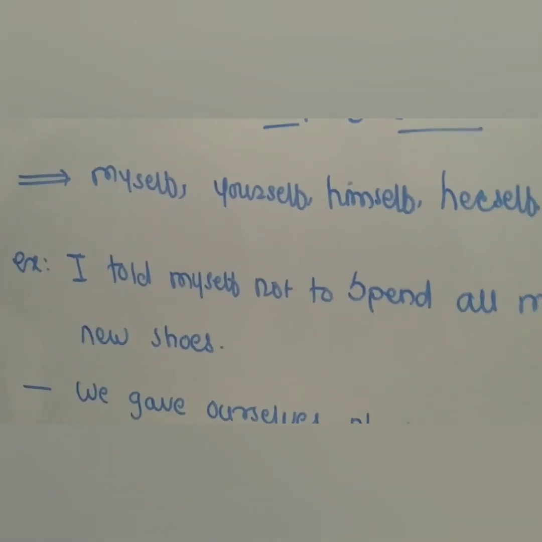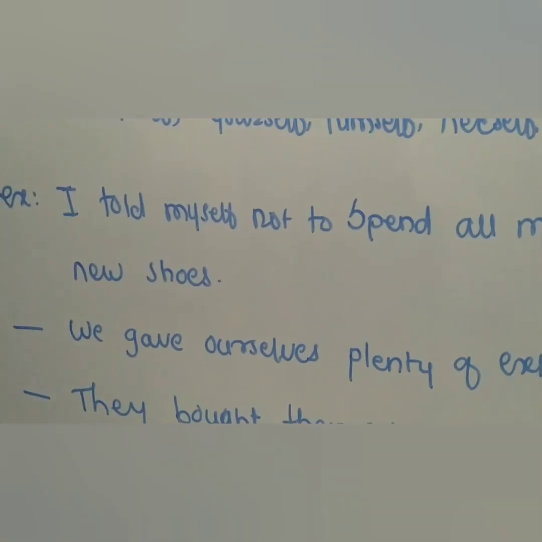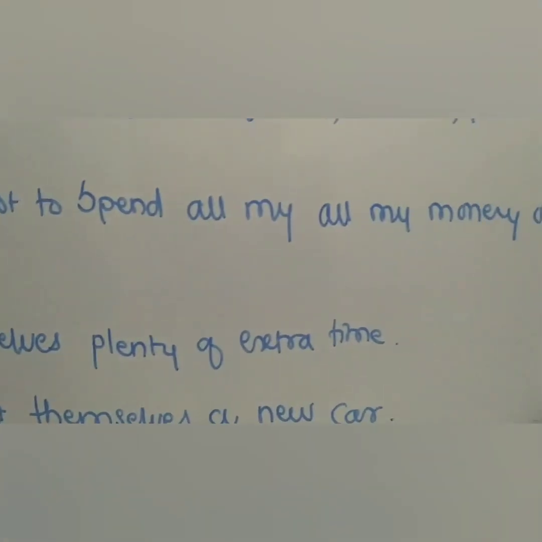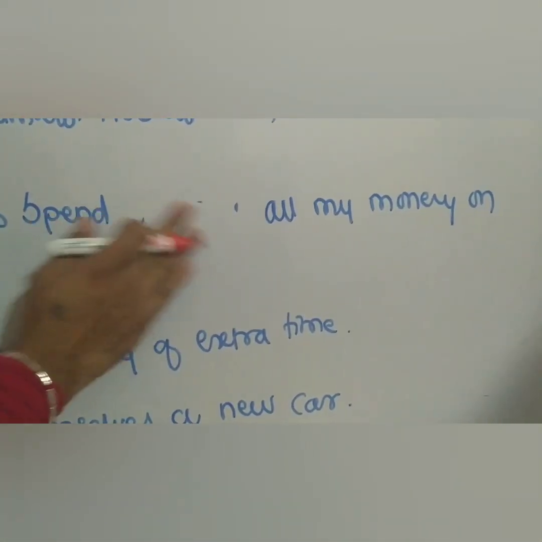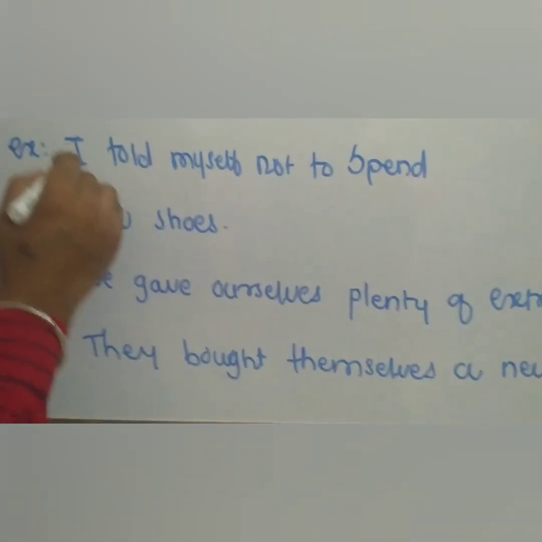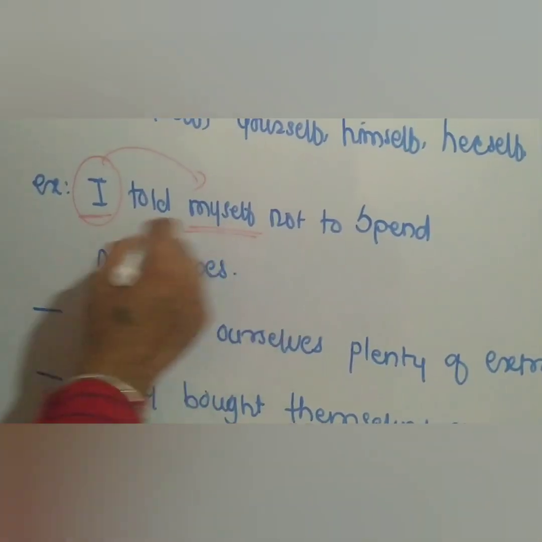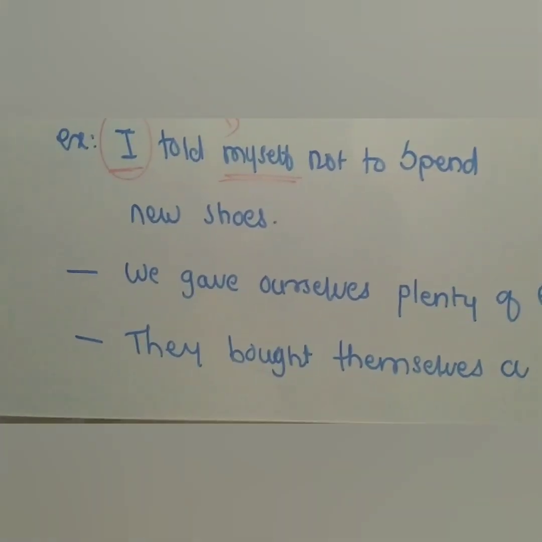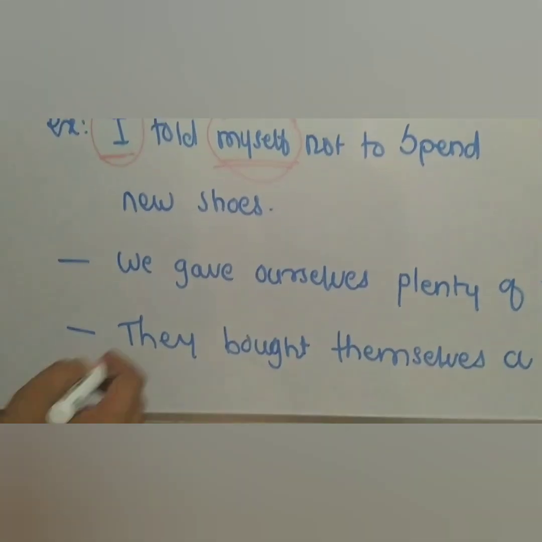Now the example of a reflexive pronoun is: I told myself not to spend all my money on the new shoes. In this sentence, I told myself, I is transformed into myself. So myself indicates the reflexive pronoun.